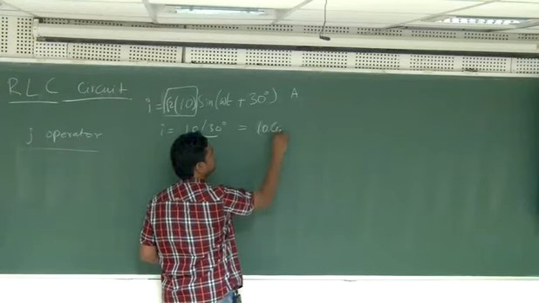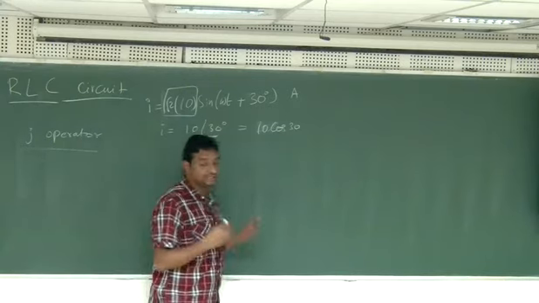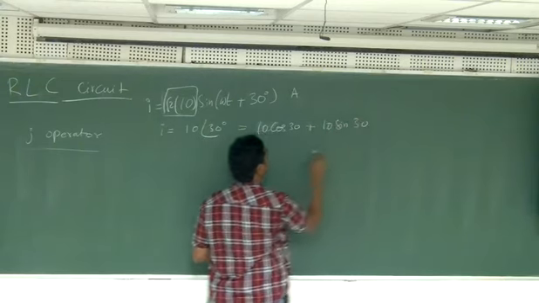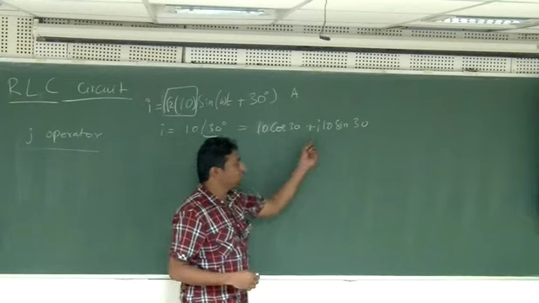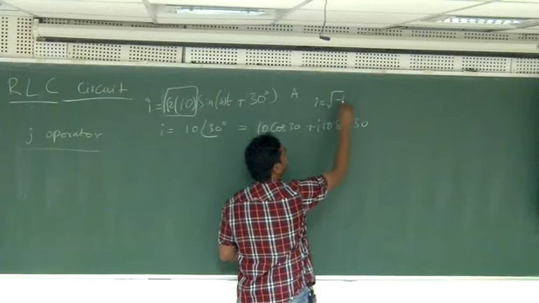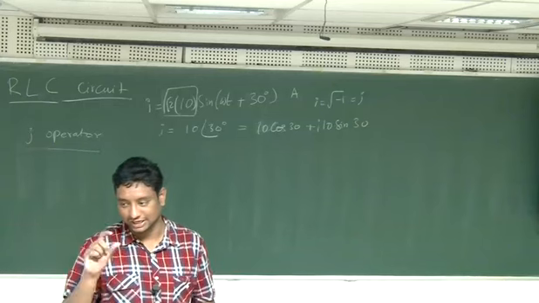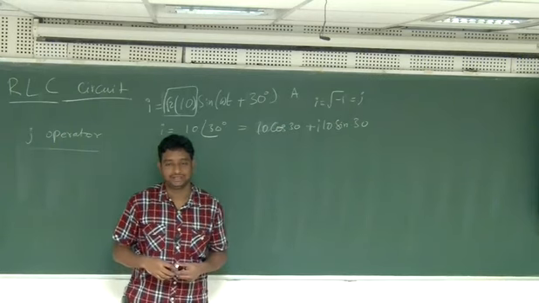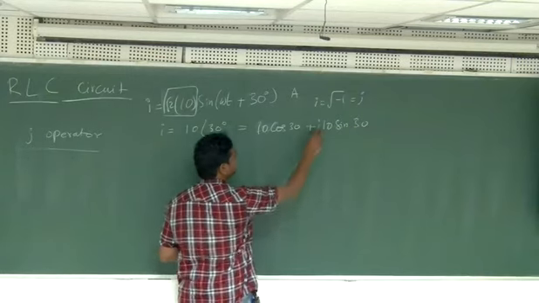It will be 10 cos 30, cos being your horizontal component or x-axis component or the real component, and then plus 10 sin 30 times i. Here i is the imaginary number, square root of minus 1, or I can also call it J. Because in electrical circuits i is used for current, it will unnecessarily create confusion, so it's just a notation we use, J, in electrical circuits. So here I'll put J.